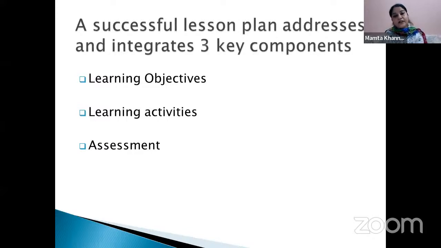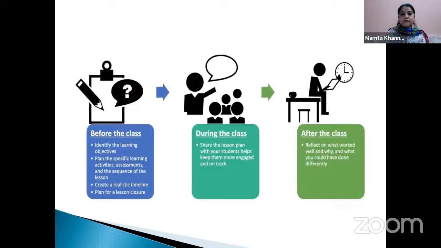Learning activities are the planned activities that you will use in your class to reach the learning objective. And the assessment is how you can understand whether your students have understood the topic or not. So what are the various assessment activities you will be doing in your class? One by one, I'll take you through all these three components.